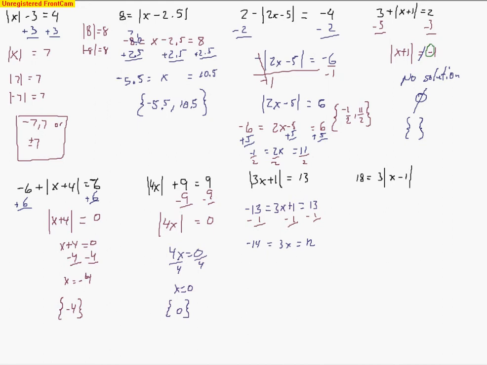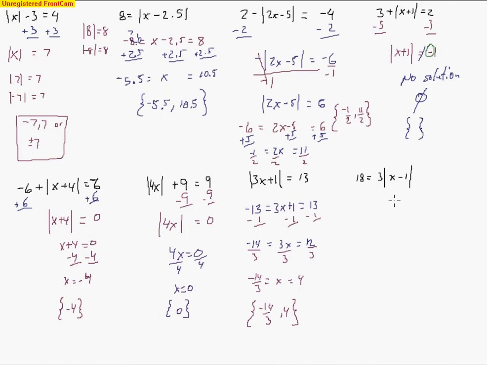So I've got just one step left, and that is to divide by this 3. And so when I do that, I end up with an improper fraction that I'll just leave like that, negative 14 thirds. The other value of x is just going to be positive 4. So there it is, negative 14 thirds and 4 are the two solutions in my solution set.